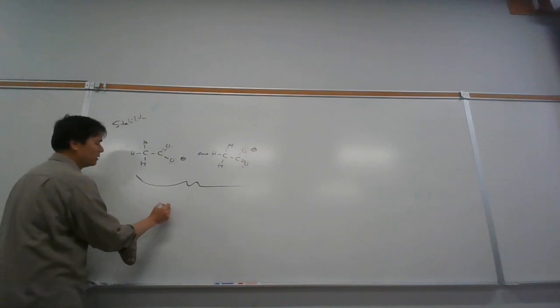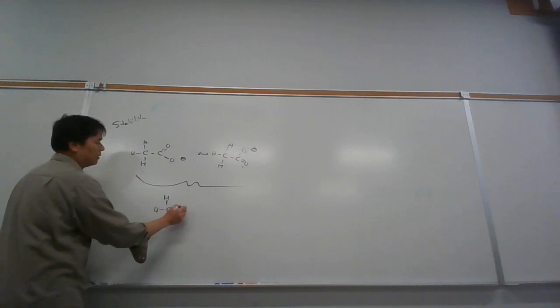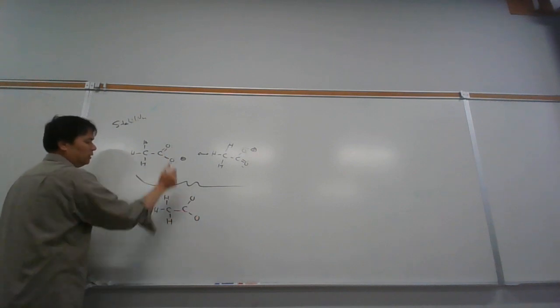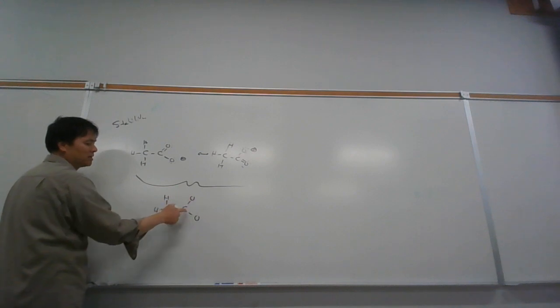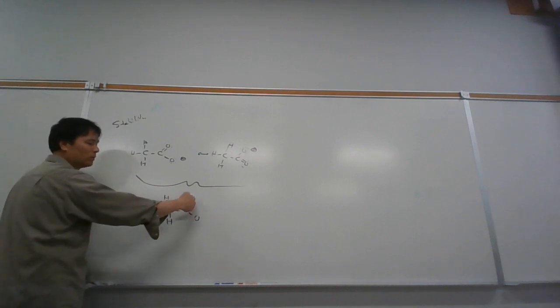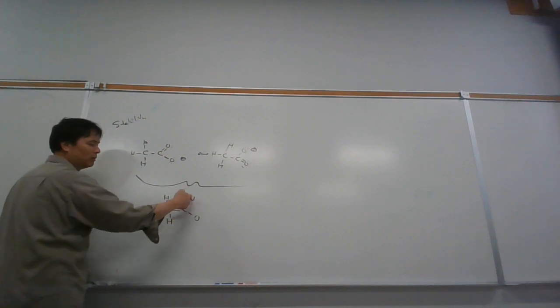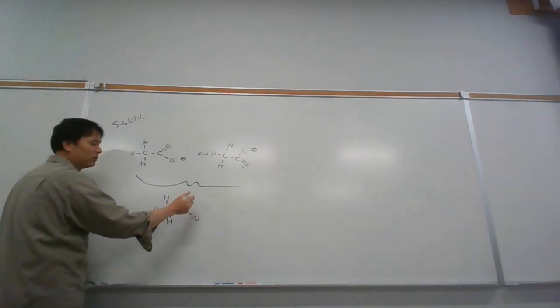But let's notice some people made a mistake with the hybrid. With the hybrid, what happens to the pi bonding electrons? They spread out. Remember, this is sp2, sp2, sp2. The p orbitals are all perpendicular to the page, so they're going to spread out over the p overlap here.